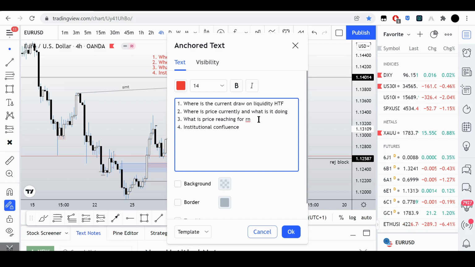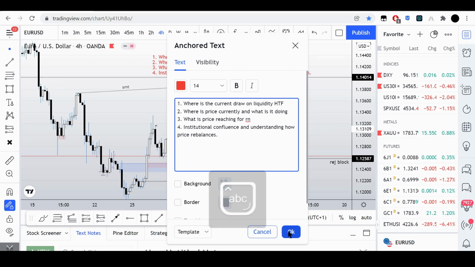Okay, institutional confluence, right? It's not a big secret. Institutional confluence and understanding how price rebalances. Okay, that's the nugget right there.